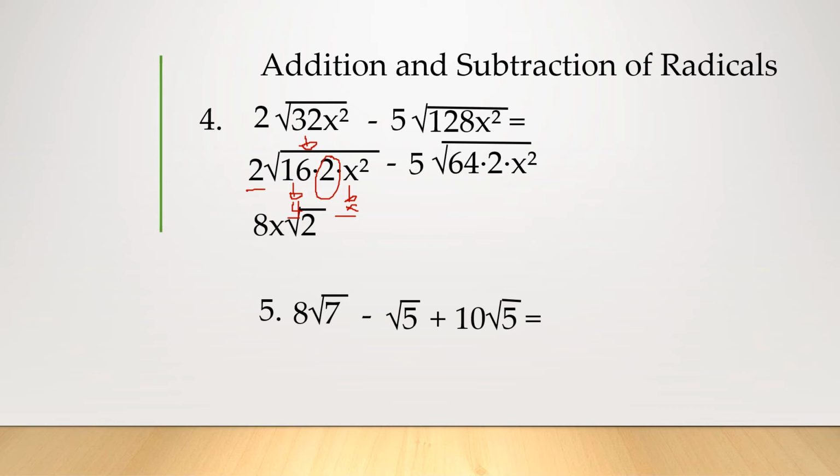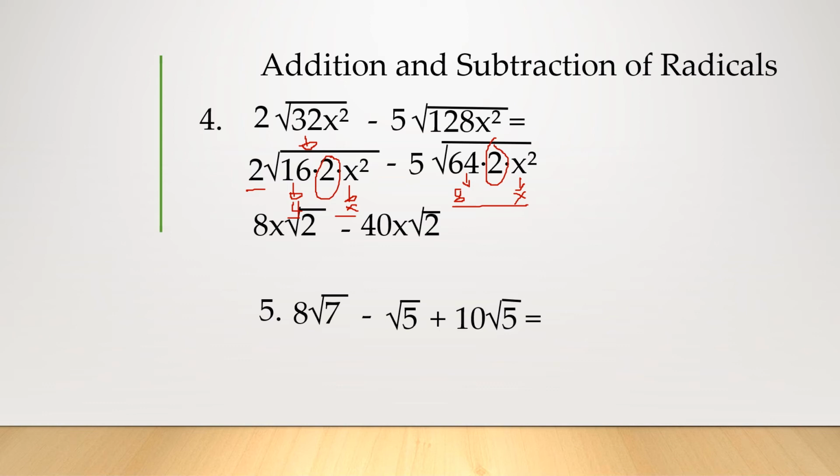Now, same thing here. For square root of 64, that is 8. And the square root of x squared is x. So therefore, I have 8x times negative 5, that is negative 40x. And also inside the radical sign is square root of 2.